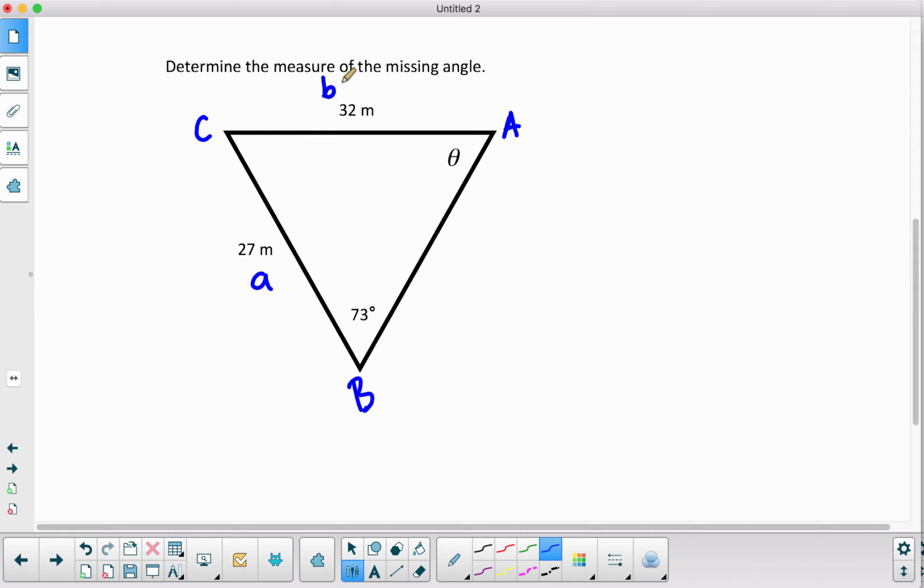That's just the relationship. And why we do that is because in triangles, there's a neat property where the longest side is always opposite the biggest angle, and the smallest side is always opposite the smallest angle, and vice versa. So it's this relationship that allows us to calculate these unknown sides and angles.